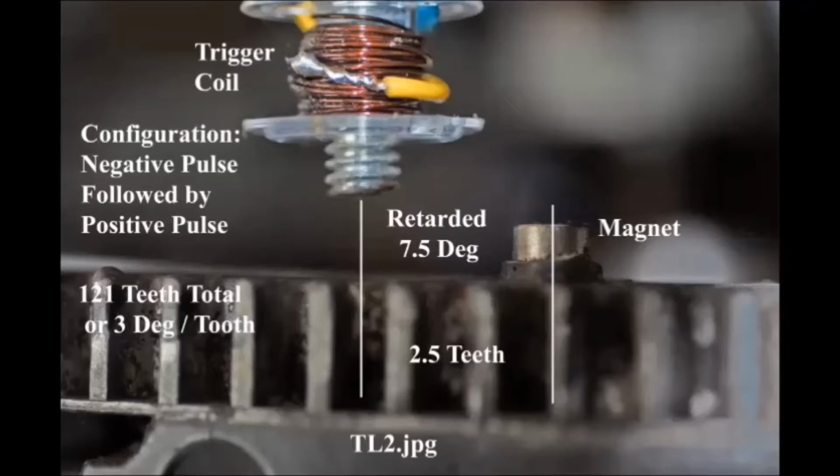The way I arrived at this 7.5 to 8 degrees was that I counted the number of teeth on the flywheel shown in the picture here. There were 121 of them, so I divided 360 degrees by 121 and got very close to 3 degrees per tooth.